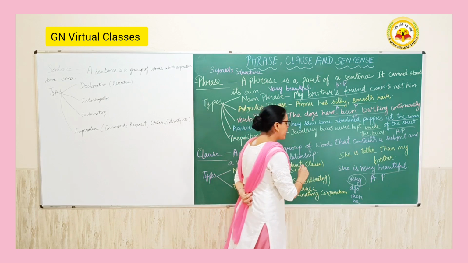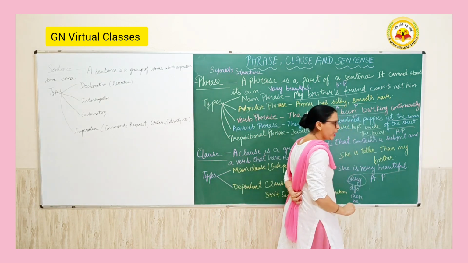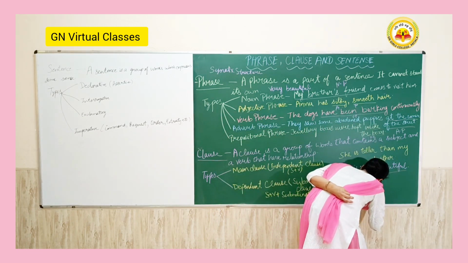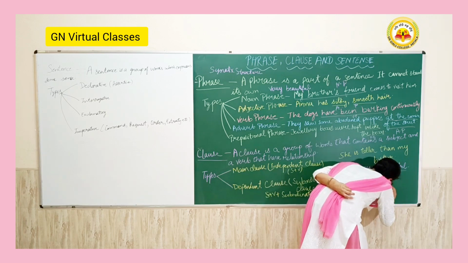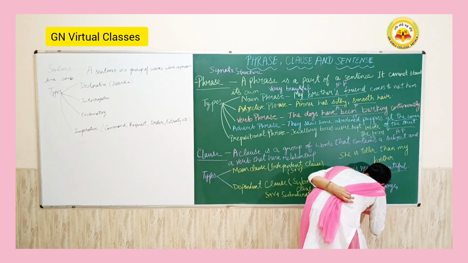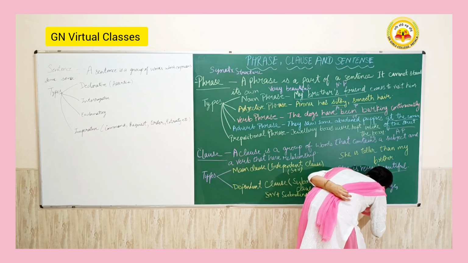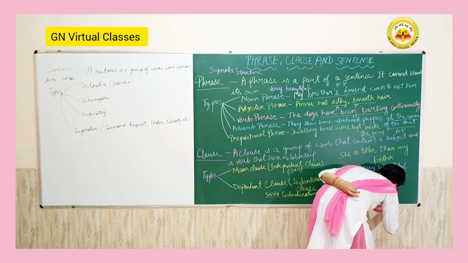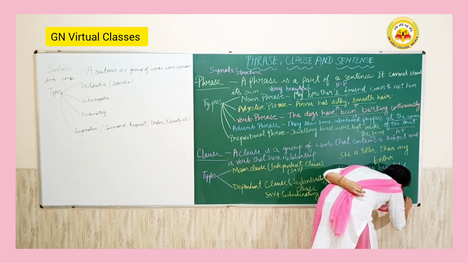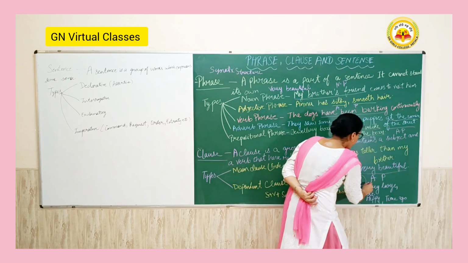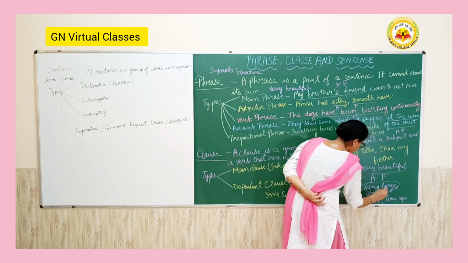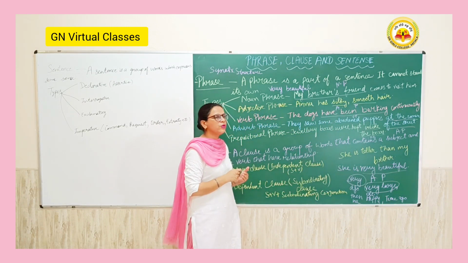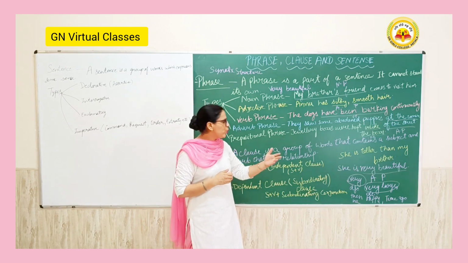So you have to select the word which comes in a phrase, like very large, happy, time ago. So in these words, very large is a phrase. So you have to come across this type of questions in your exam.